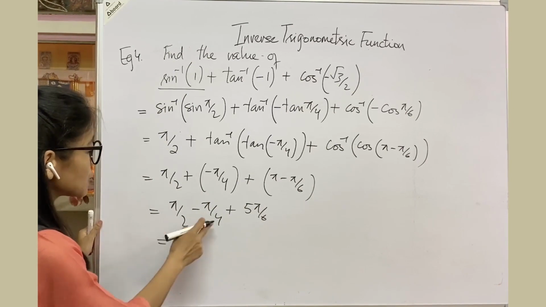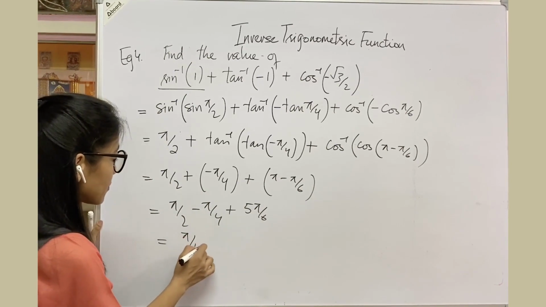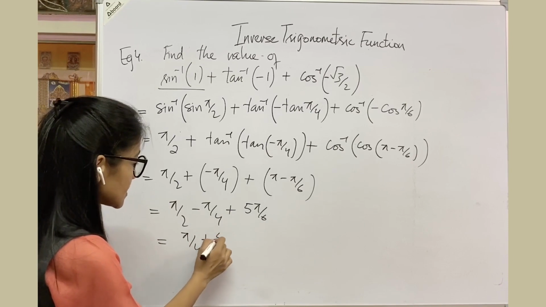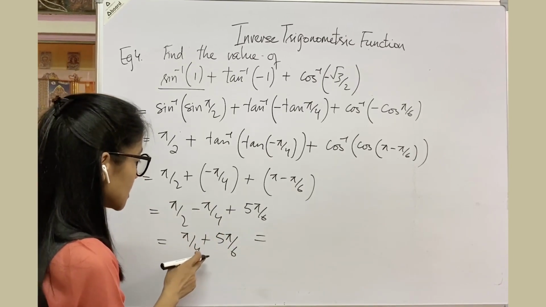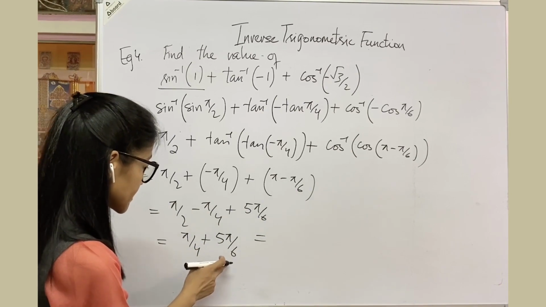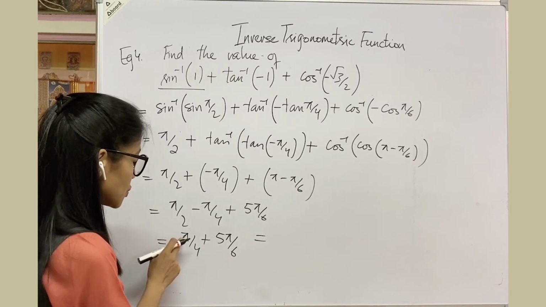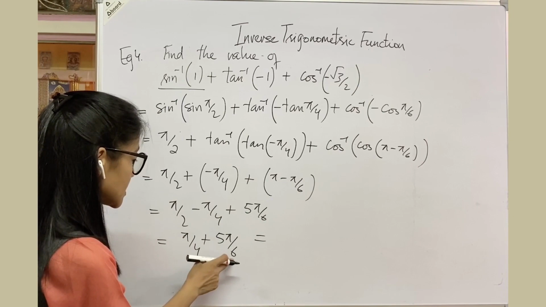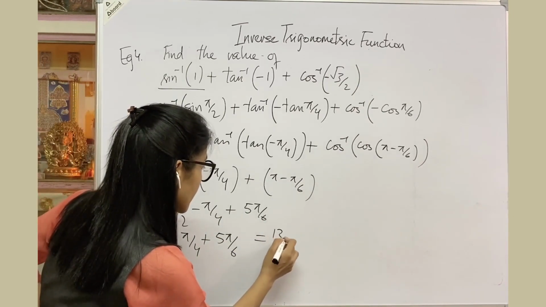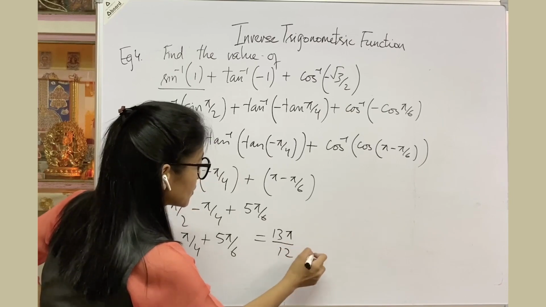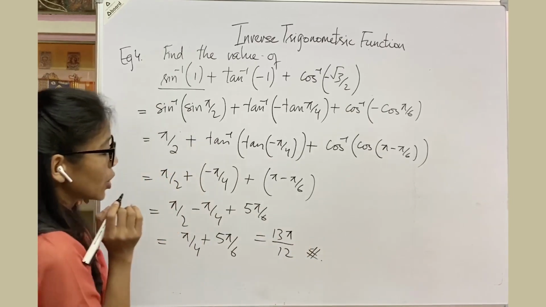So pi by 2 minus pi by 4 is pi by 4, plus 5 pi by 6, which equals, LCM is 12, so 3 plus 10, 13 pi by 12. Okay, so this is how you will solve it.